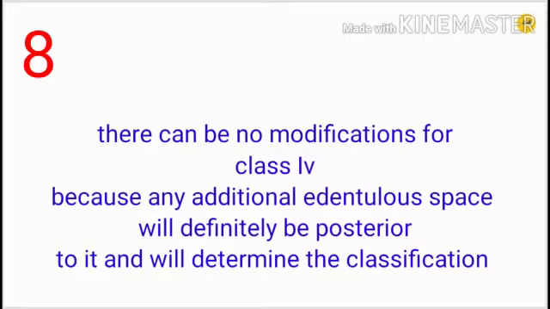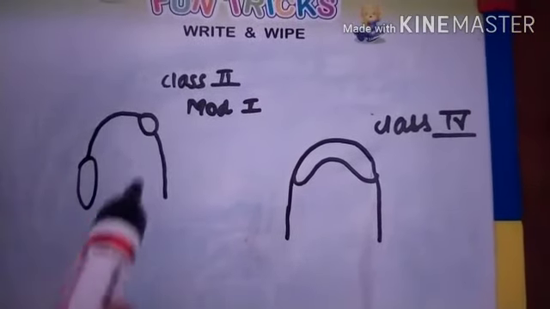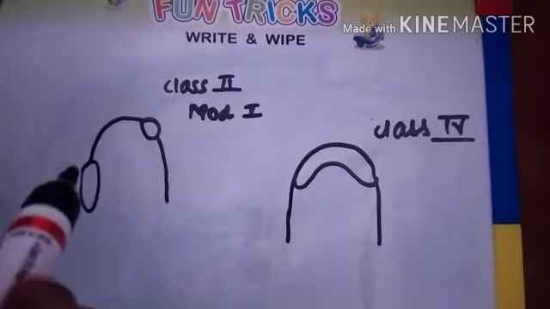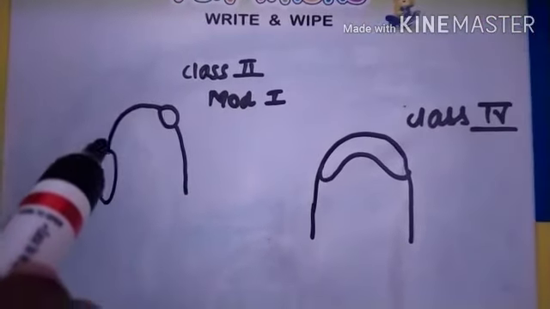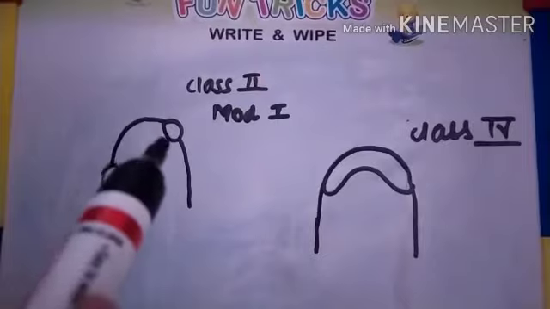Rule number 8. There can be no modifications for class 4 Kennedy's classification because any additional edentulous space will definitely be posterior to it and it will determine the classification. Okay, so as we have learned that the posterior most edentulous area will become the main classification and the additional edentulous areas which are present anteriorly are the modification areas.